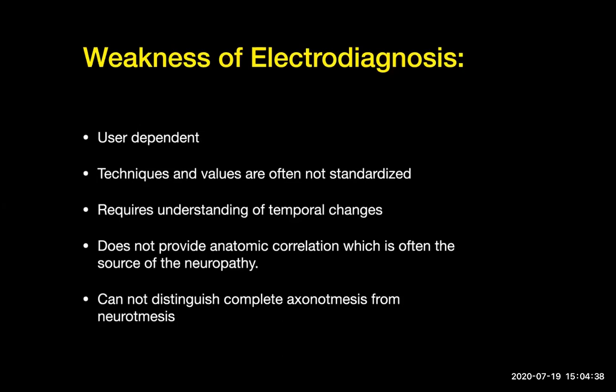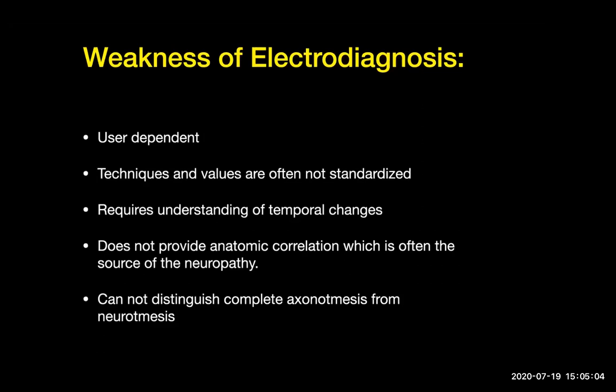The weakness is that it is user dependent, much like what we have in ultrasound. The techniques and values are often not standardized, and it requires understanding of temporal changes. So there are a lot of other factors that could affect that, like temperature and the weight of the patient. That information could alter some findings that we normally see in EMG.